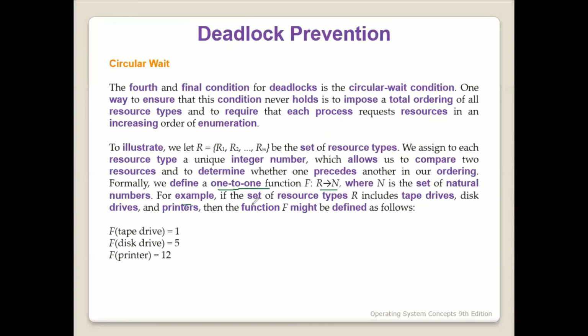For example, if the set of resource types R includes the tape drive, disk drive, printer, or whatever, then F of tape drive is 1, meaning one resource for the tape drive. F of disk drive is 5, meaning we have 5 disk drives, and then 12 printers. So let's assume this way. Okay, one-to-one function.